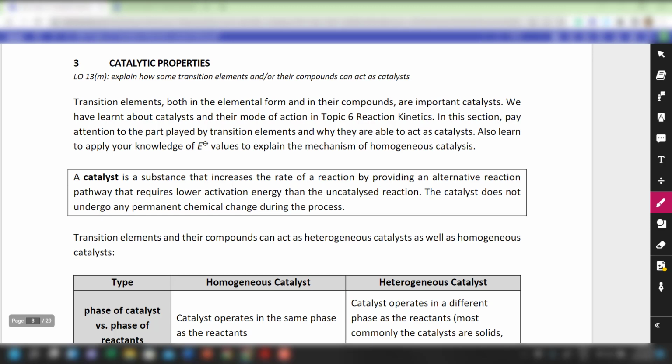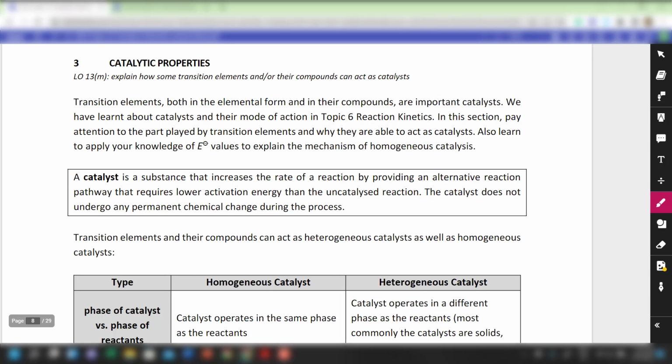Remember the definition. A catalyst is a substance which provides an alternative pathway with a lower activation energy for the reaction to take place. Remember that the catalyst does not alter the actual reaction pathway. The actual reaction pathway is intrinsic, defined by the reaction system.